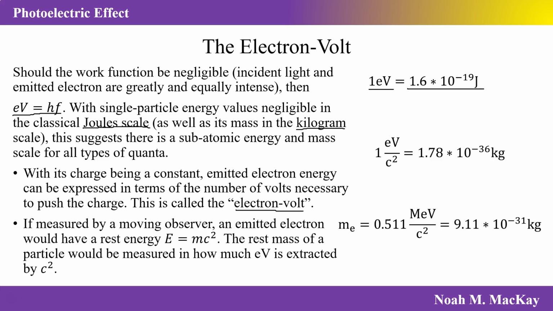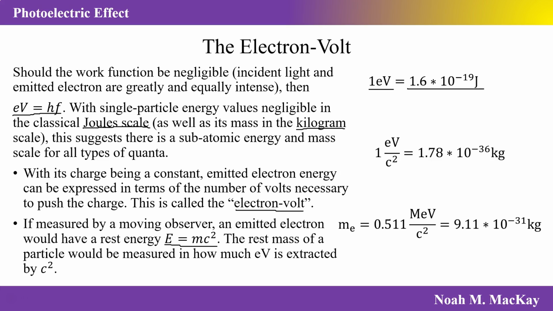Now suppose we take an electron that's moving, and we move alongside it so that we and the electron are moving at the same speed. We detect it as stationary, so we will see that the electron has a rest energy.